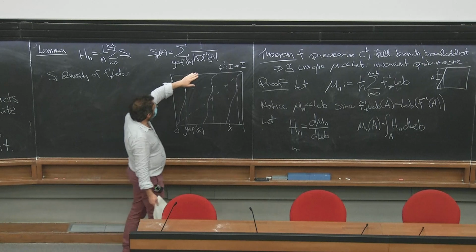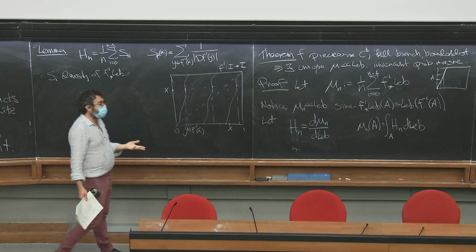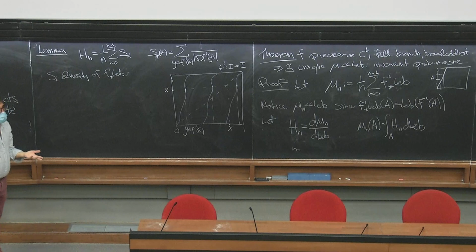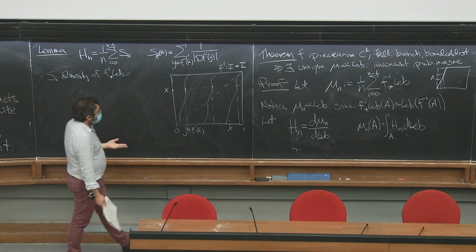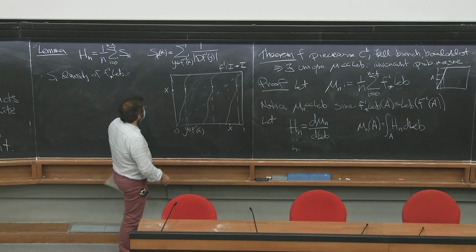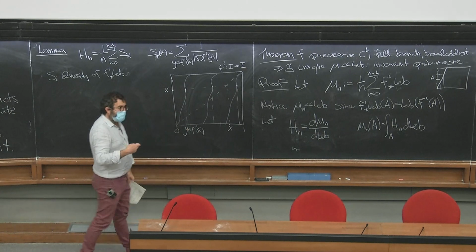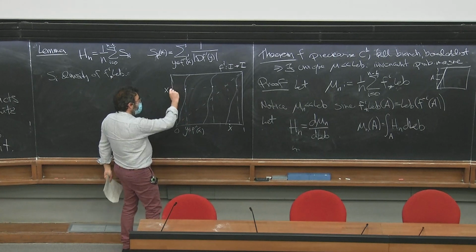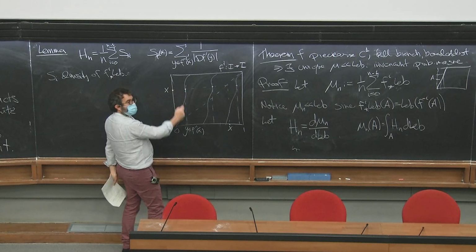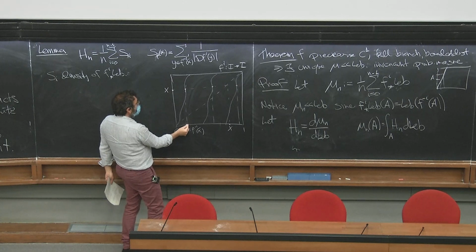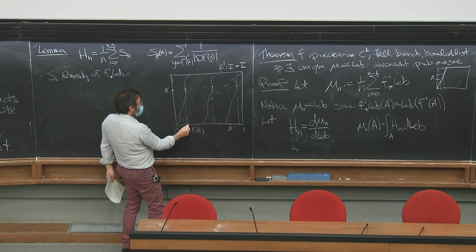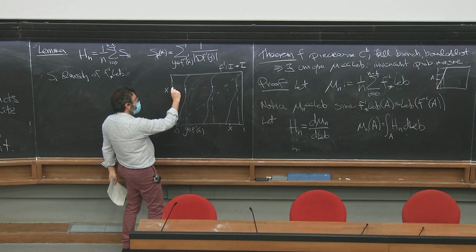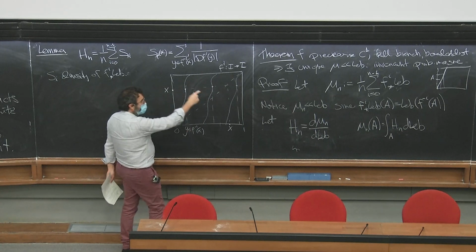Right? And intuitively, I don't know how I should say what is the intuitive reason, but the derivative at these points is telling you whether the Lebesgue measure is contracted or expanded, right? If you take a little neighborhood, whether the Lebesgue measure of a small interval here and its image increases or decreases.